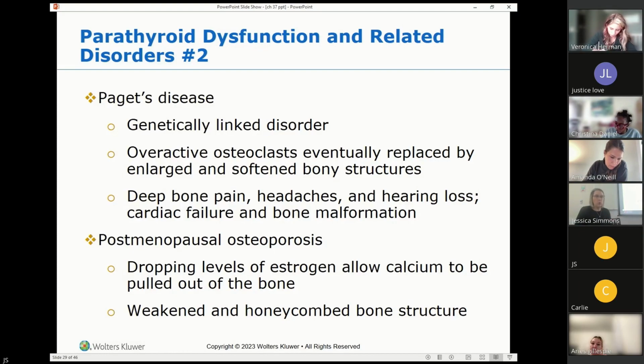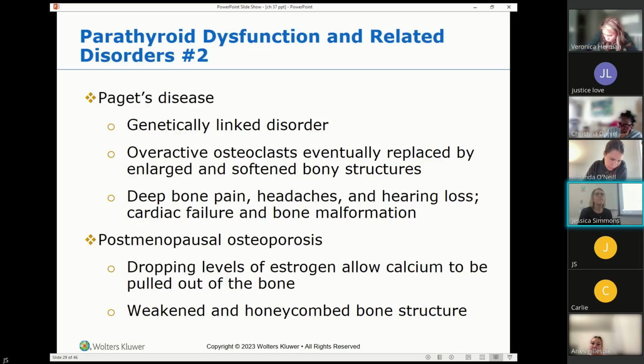If you look at Paget's disease from a long time ago, you'll see patients that have bony growths all over their body. Their heads, their face, their arms, their legs. Obviously, anywhere that you have 206 bones within your body, you could have these protrusions because they're overactive osteoclasts. Osteoclasts are the bone cell that produces bone.